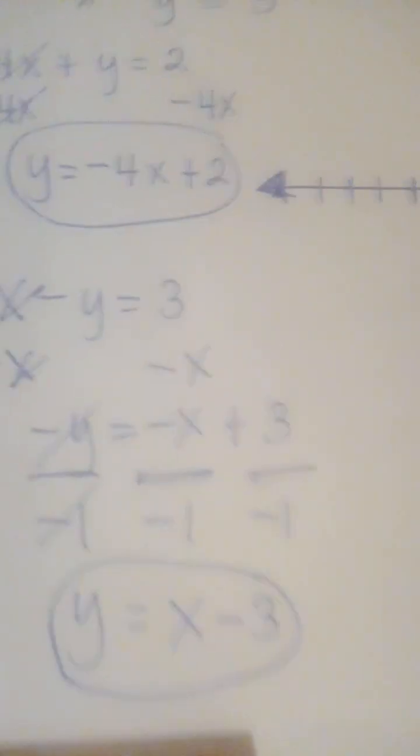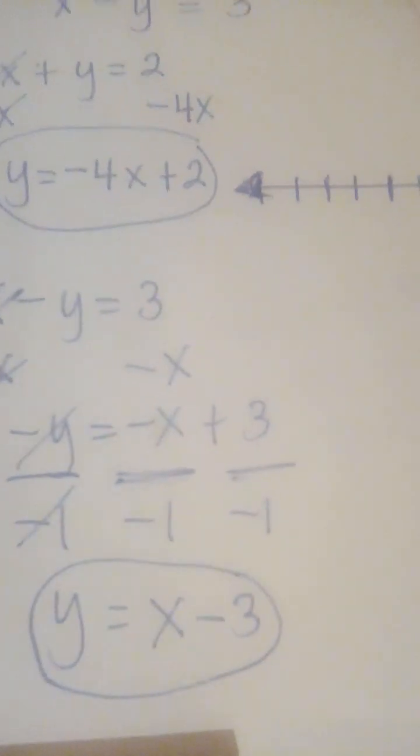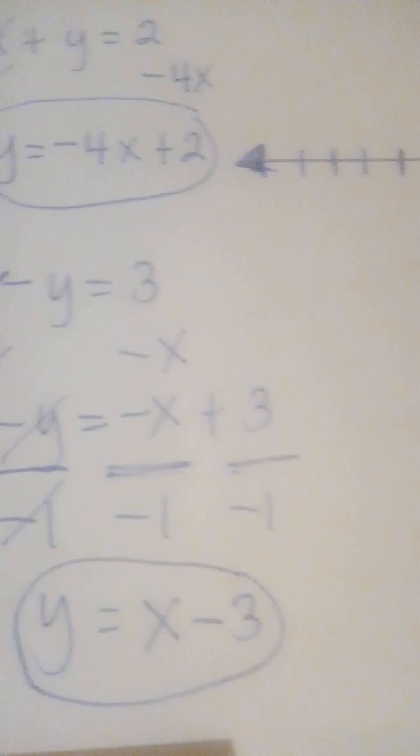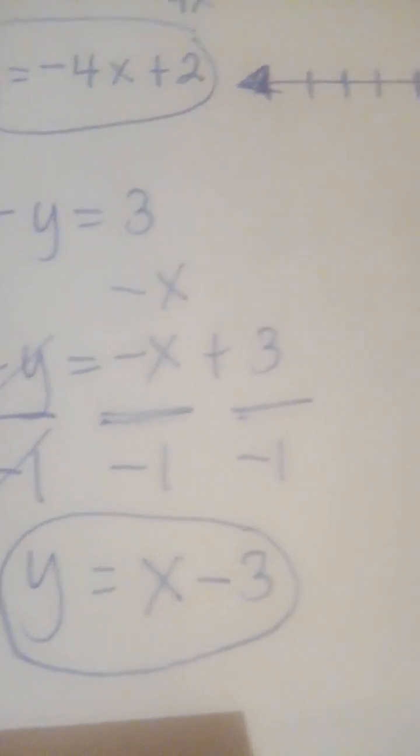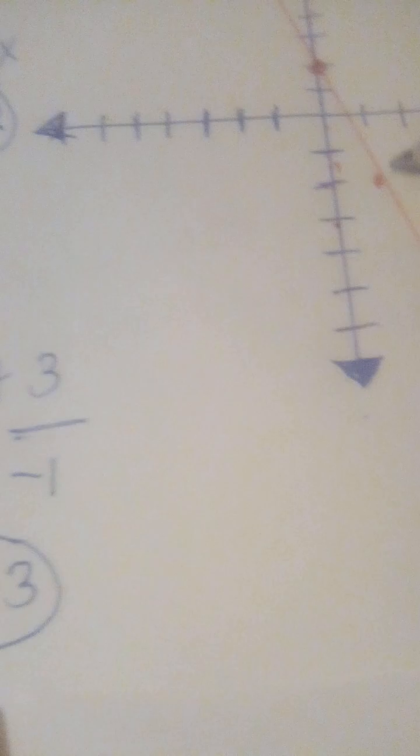All right, let's go here. So we have y equals x minus 3. We go down 3, right? So we go 1, 2, and 3, right? And then we go up 1, right? It's going to be like this.